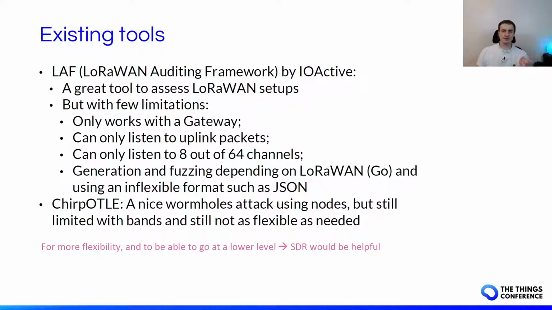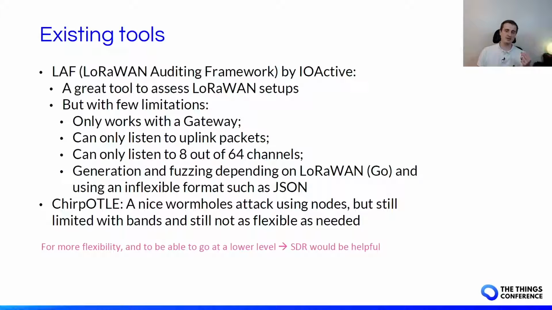And the existing tools that were presented before were the following. For example, a tool that was presented last year at the Things Network conference, LAF, the LoRaWAN Auditing Framework, which is a great tool to assess LoRaWAN setups, but has a few limitations. We also found another tool called Chirpotle.